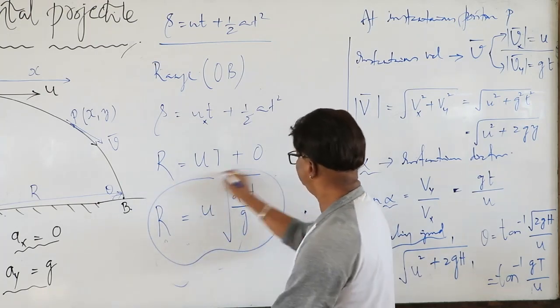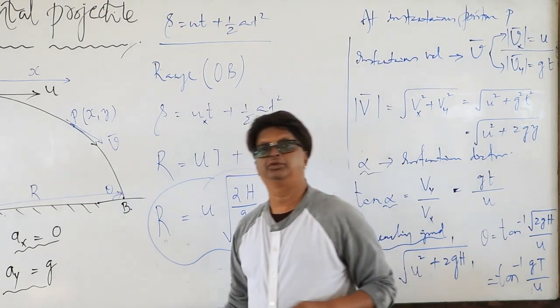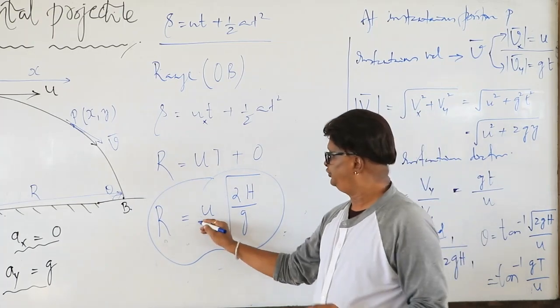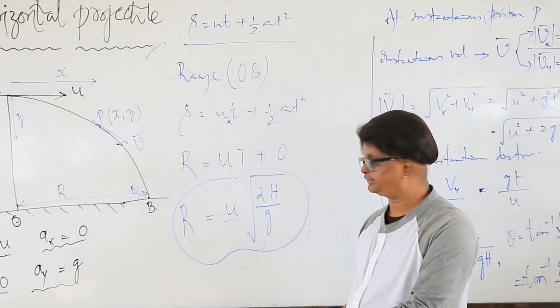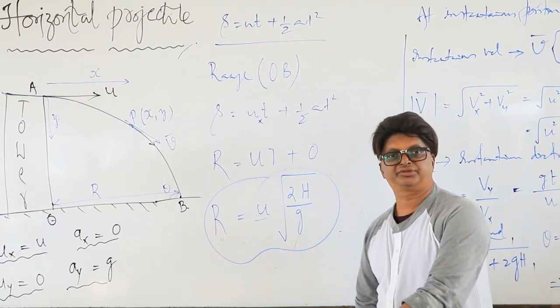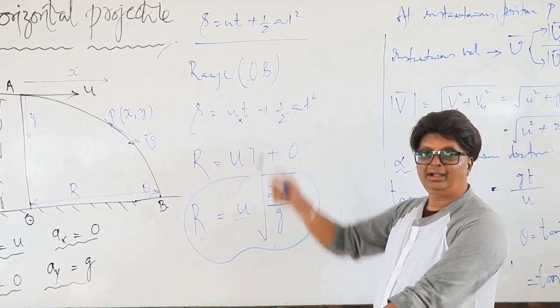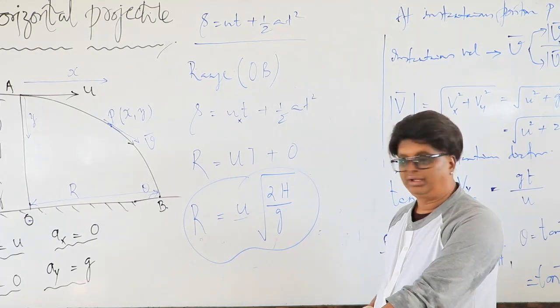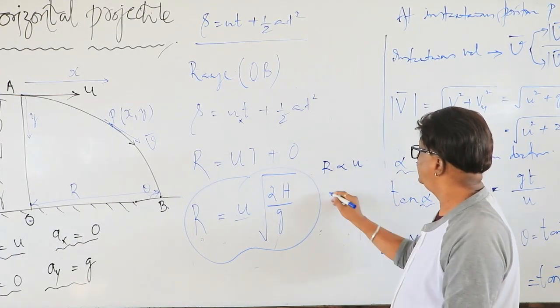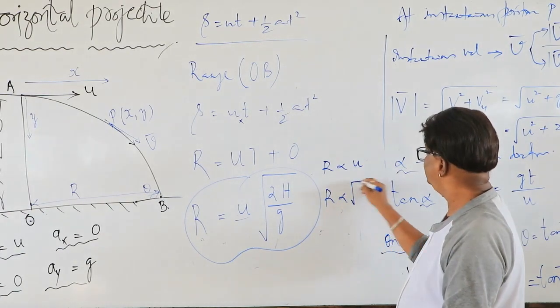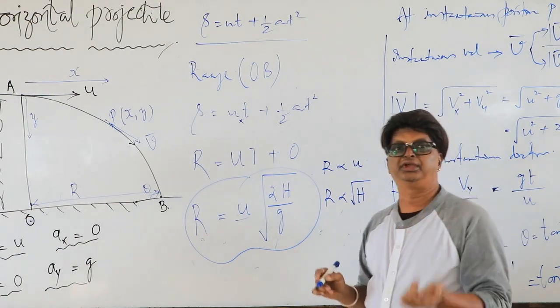Look carefully, what does range depend on? It depends upon u, the horizontal velocity with which it is projected, and upon the height from which it is projected. We must see carefully how it depends. R is proportional to u, R is not proportional to h, R is proportional to root h.